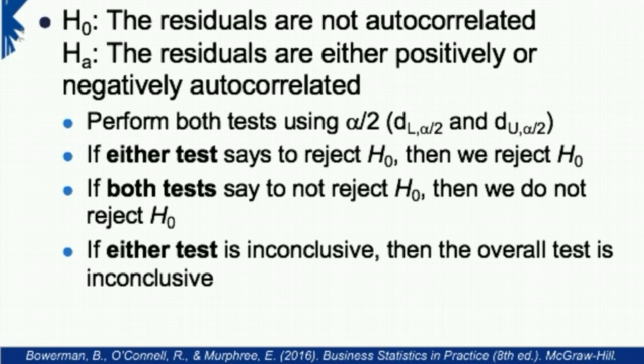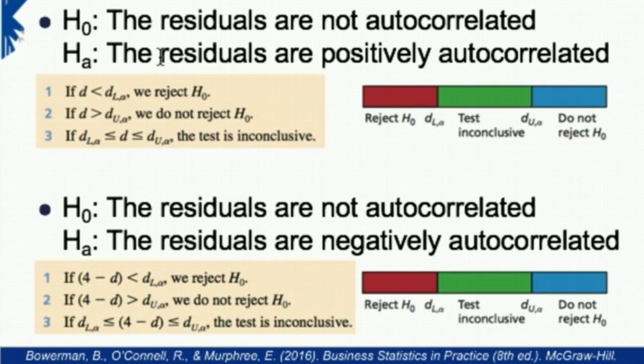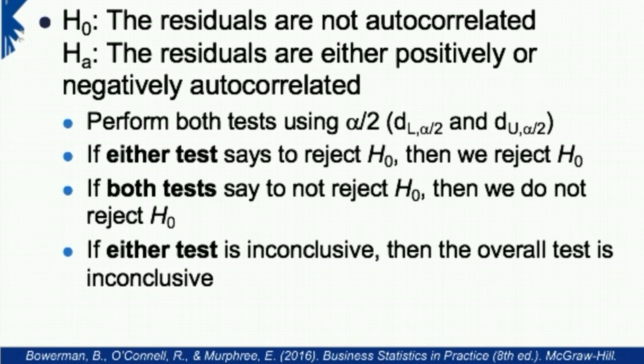For example, if we perform the first test and we were able to conclude that there is positive autocorrelation, and then the second test says that there is no negative autocorrelation, then we can say that there is positive autocorrelation. So either test should be able to reject for us to say that that is the kind of autocorrelation present in the residuals.